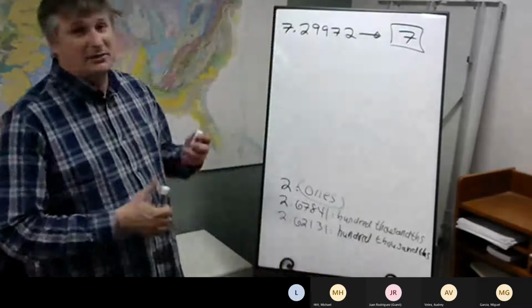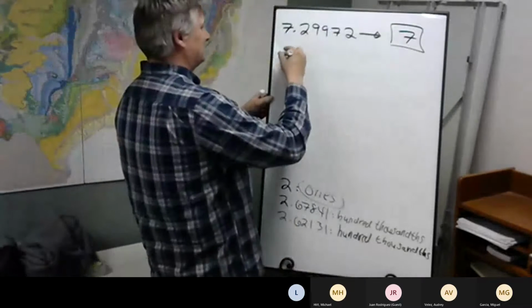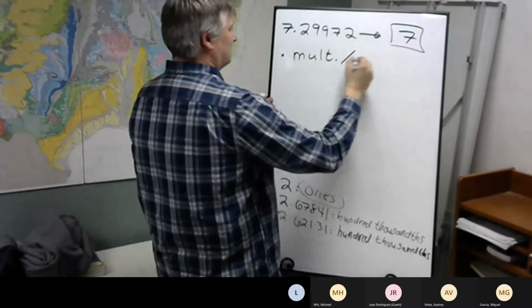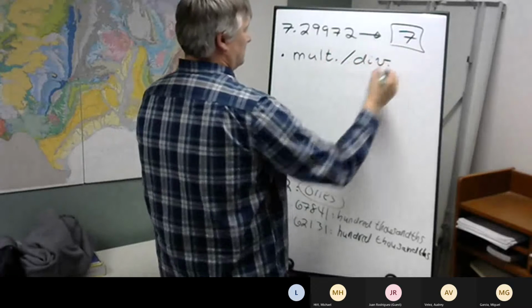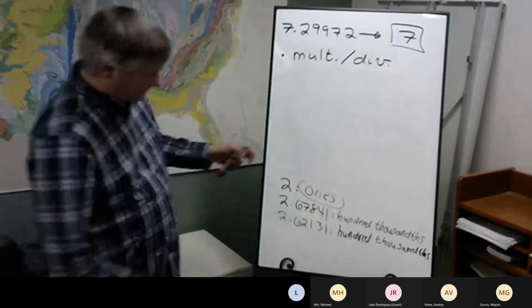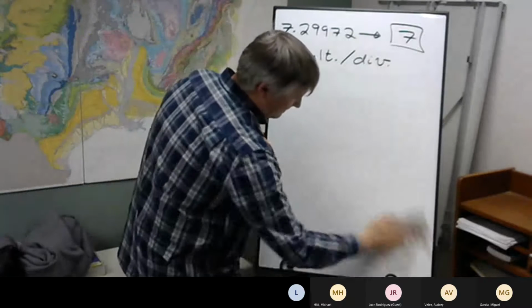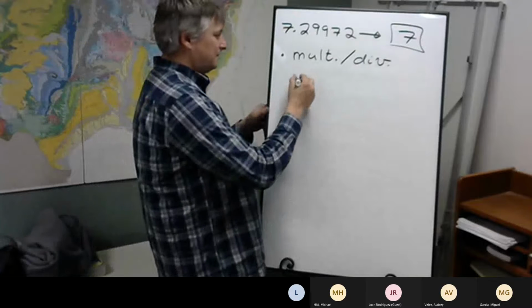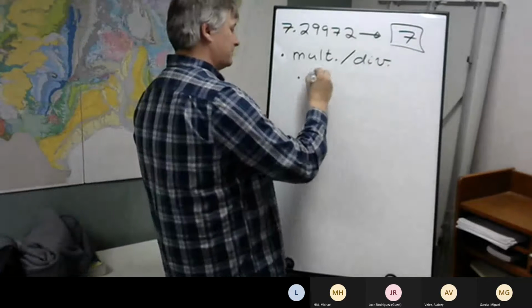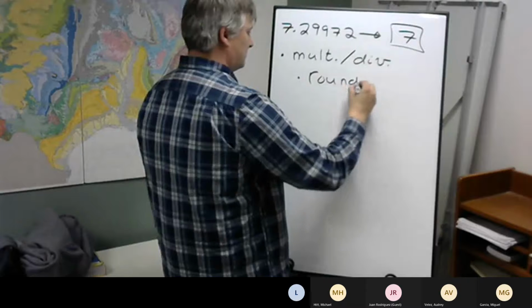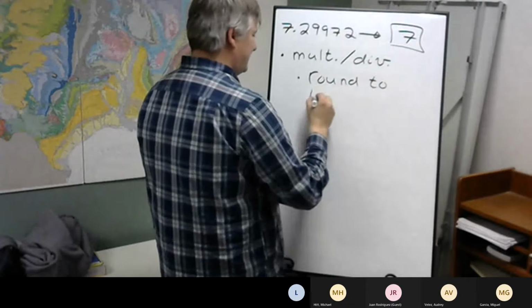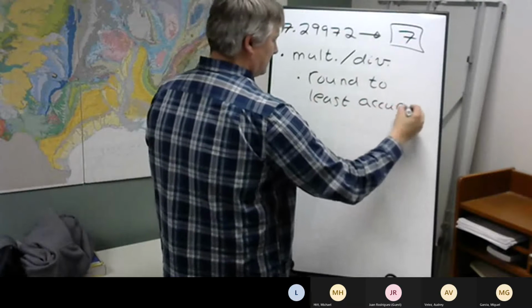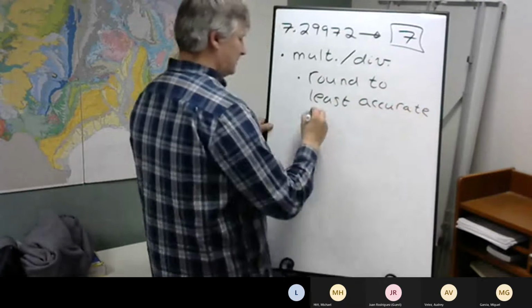Let's take a look at multiplication and division. So for this, we're going to round to the least accurate number.